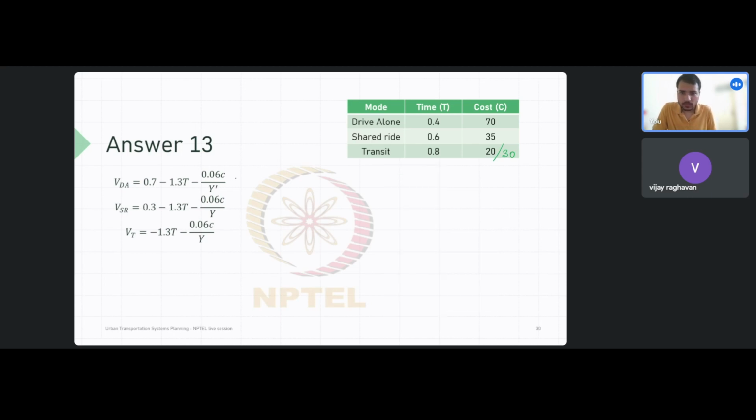So let's start with the first one. I will do it directly with the values because I did it two times. So VDA will be 0.7 minus 1.3 times time 0.4, minus 0.06 times cost 70, plus y is 5.